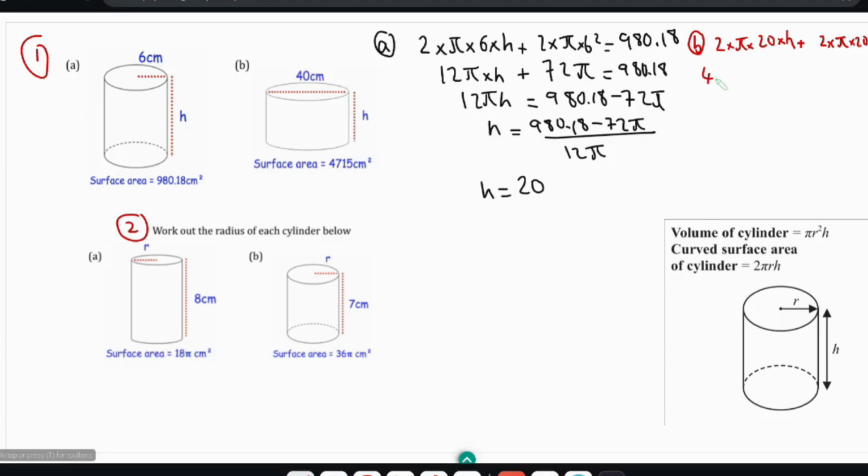Let's simplify this: 40 pi h plus 20 squared times 2.